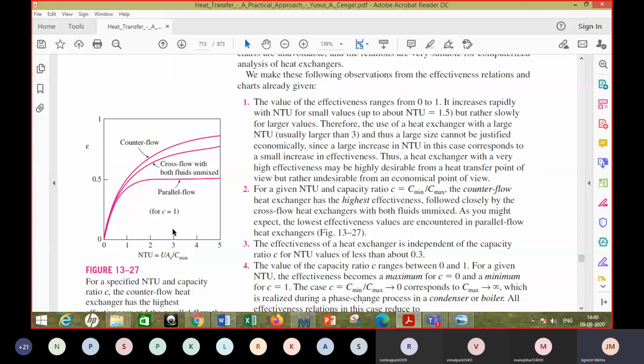But after a certain value, let's say beyond around 3, if you increase NTU, the growth in effectiveness is quite slow. So cost might be a linear function of NTU, but effectiveness is not paying back in the same amount.